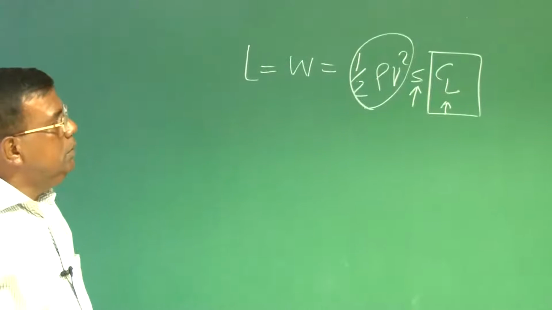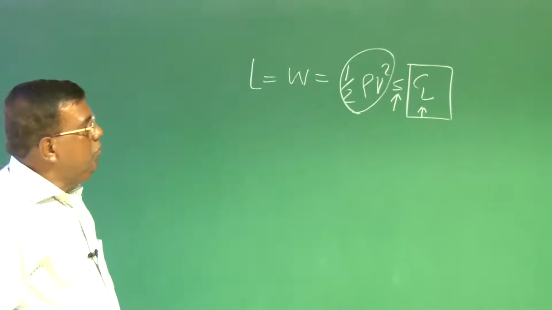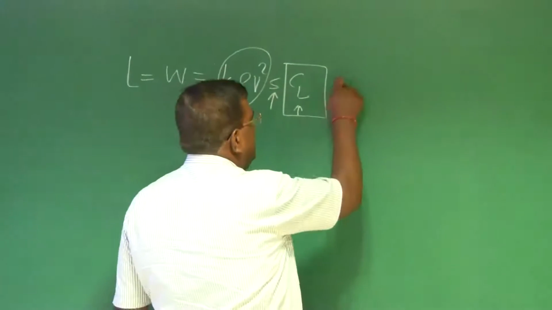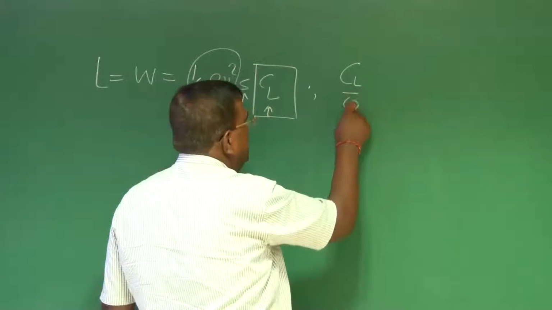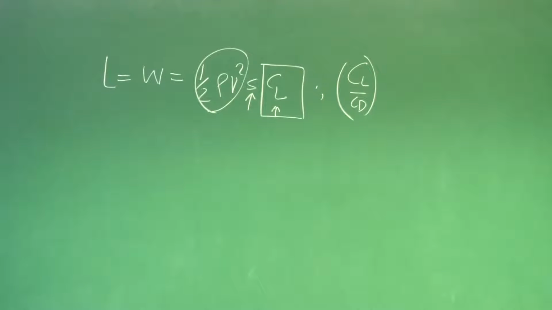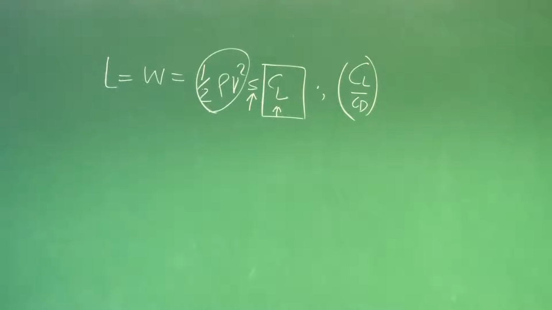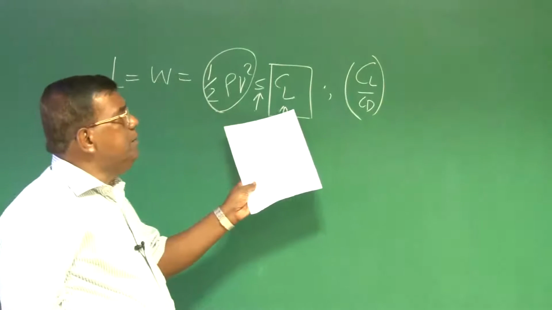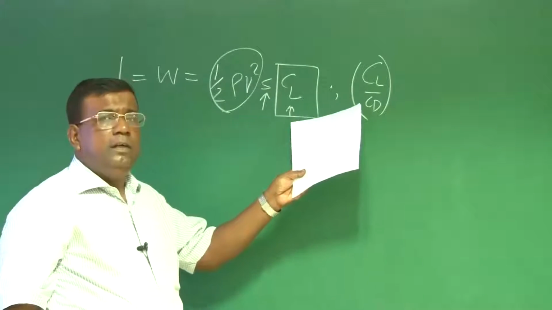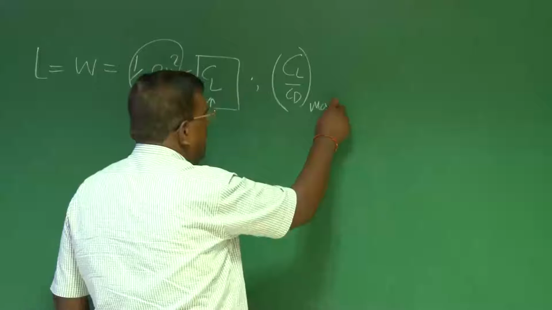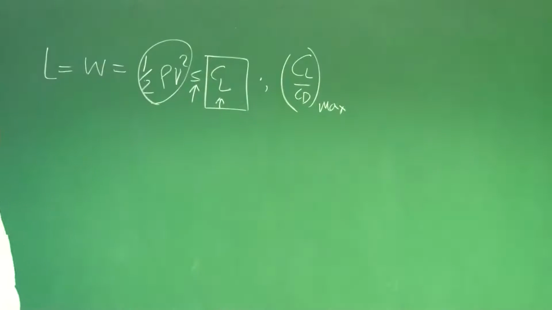Also, as a designer, we should not only think in terms of CL, we should think in terms of CL by CD, because CL will also induce drag, which we know is called induced drag. So when I am selecting an aerofoil, I should not only think in terms of CL, but also see what CL by CD maximum I get, under what conditions, and at what speed.